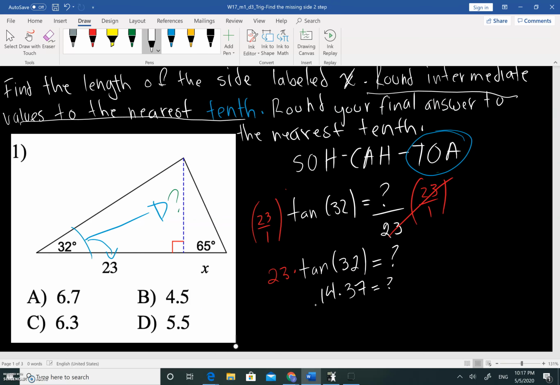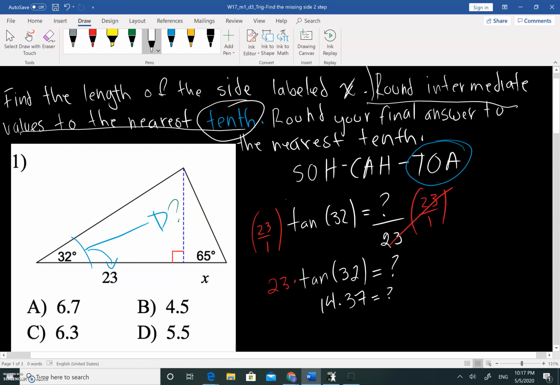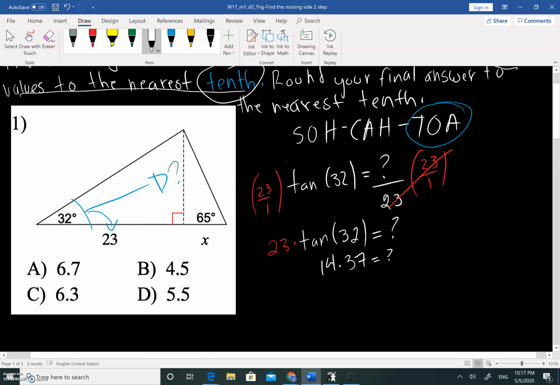Now, one thing that I did not do, which you always have to do, is to read the directions and understand that in this case what they want us to do is not only find x, but also to round intermediate values to the nearest tenth. So an intermediate value is a value that's not the answer, but it is a step that you have to take in order to reach the answer.